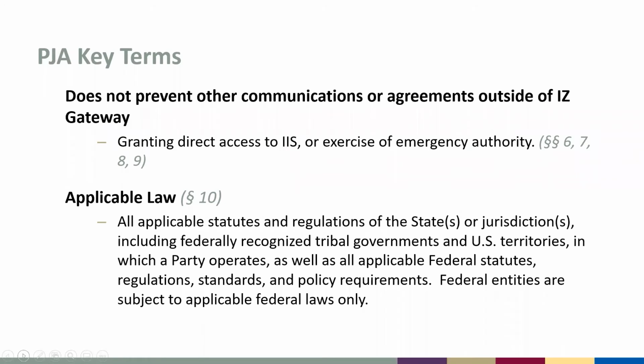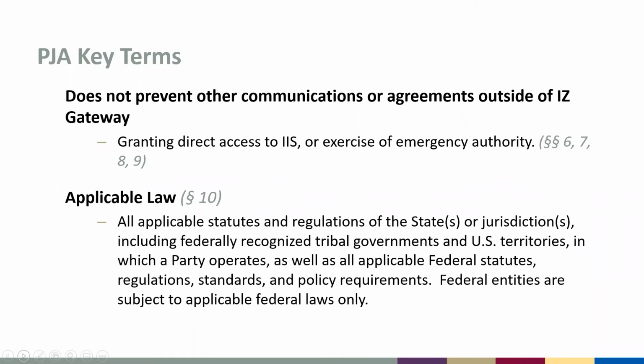So note that it's clear, this does not prevent any other communications or agreements outside of IZ Gateway. It does not limit an IIS's rights to share its data with other entities or enter into other agreements for sharing their data.